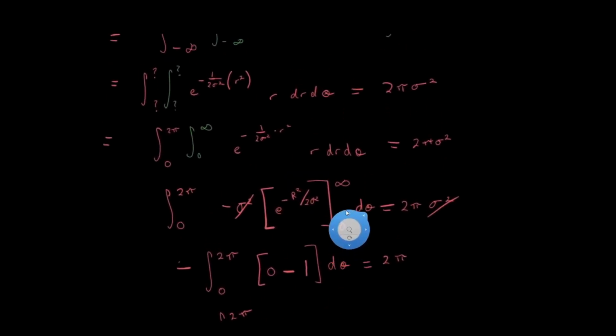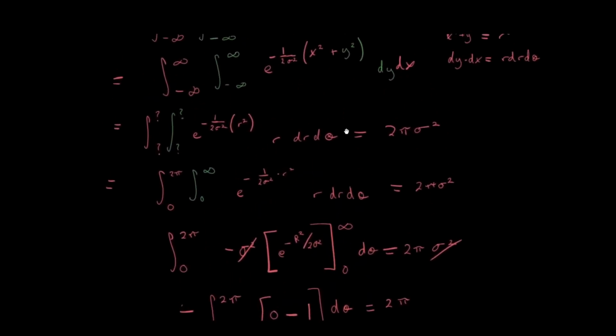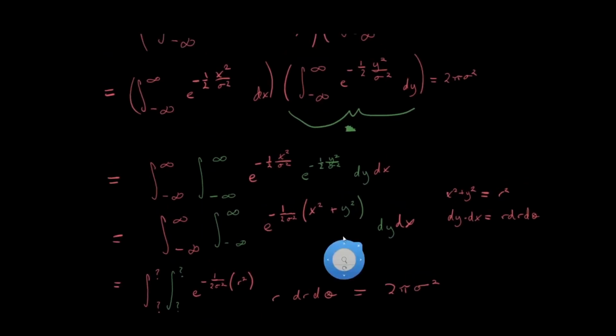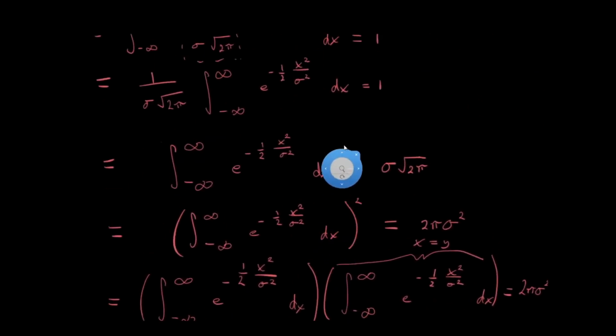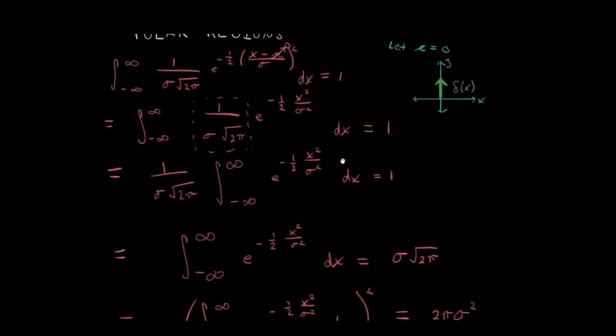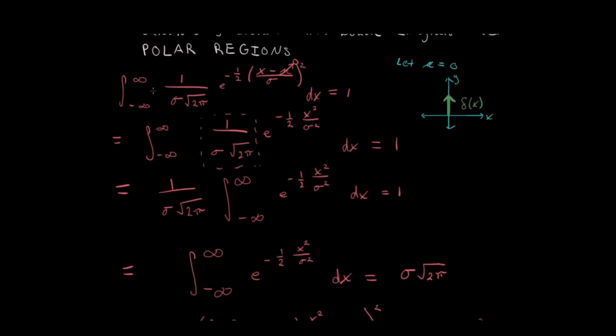If we scroll back up to the top, the original claim was that the area underneath the Dirac delta function, which is just the normal distribution when mu is equal to 0, is equal to 1. Proven. So there you have it. The whole truth, the full truth, and nothing but the truth for why the area underneath the Dirac delta function is equal to 1.